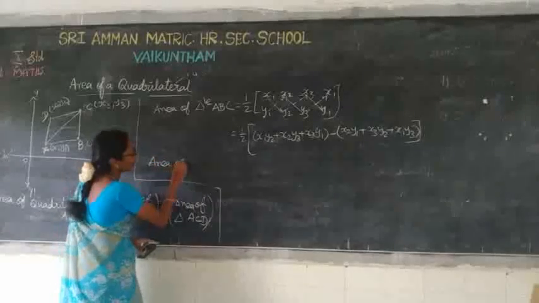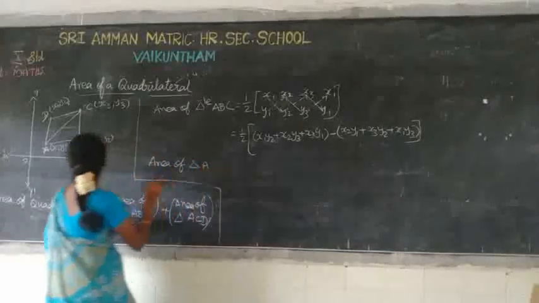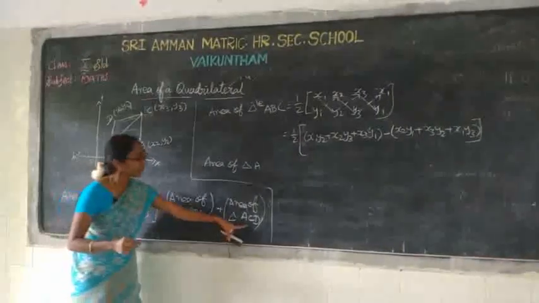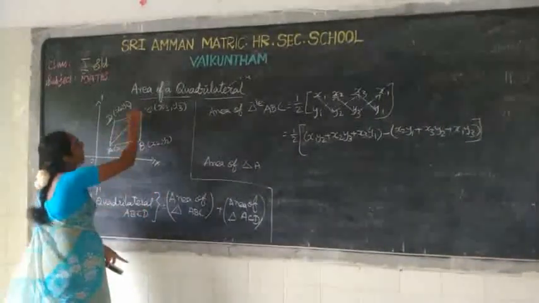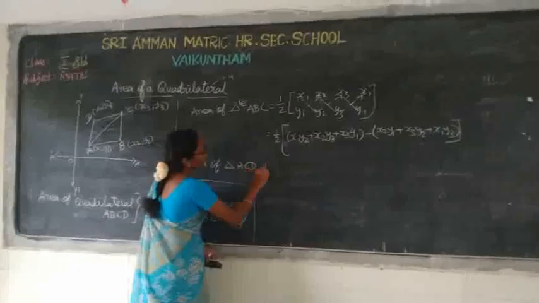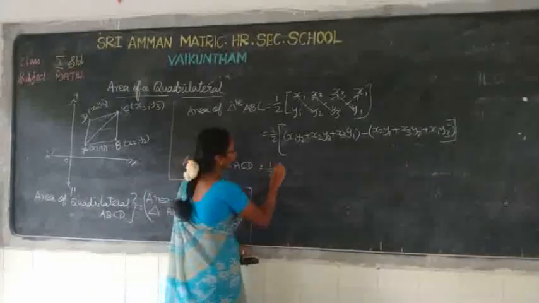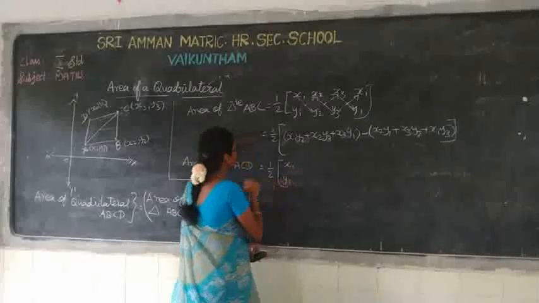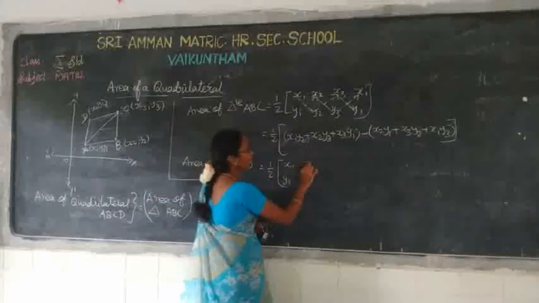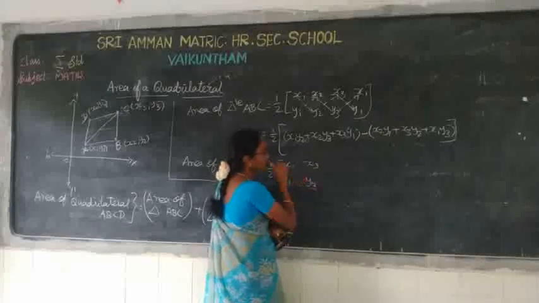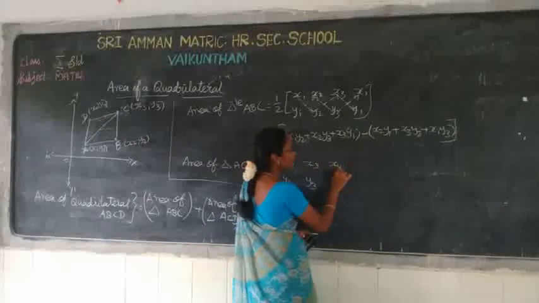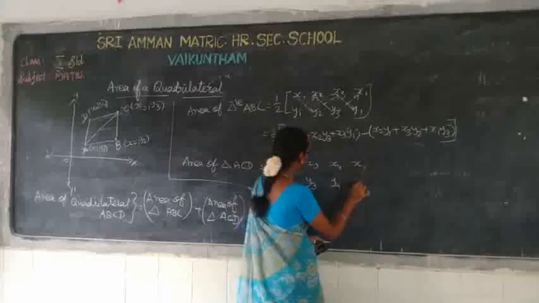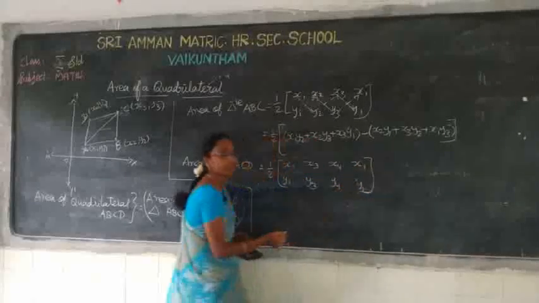Next, the area of triangle ACD. Half into the A coordinate x1, y1, the C coordinate x3, y3, and the D coordinate x4, y4, again x1, y1.